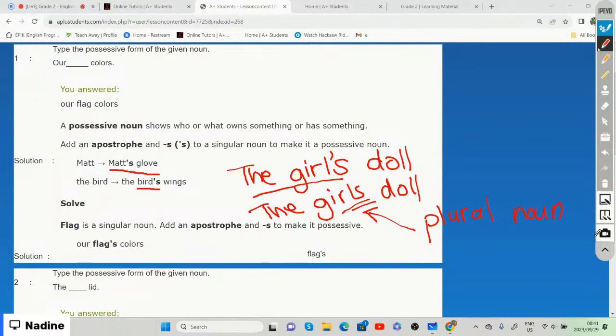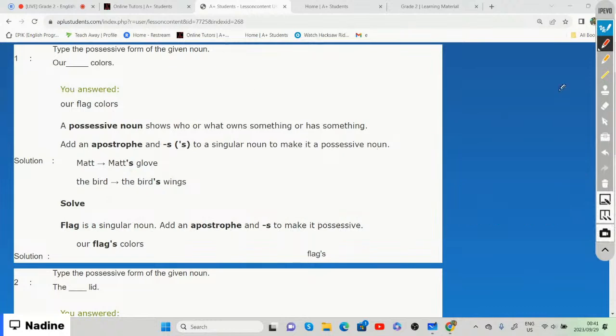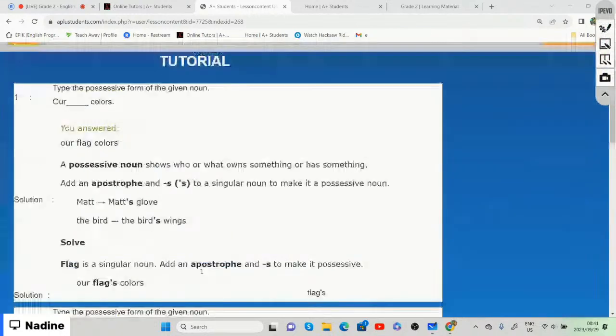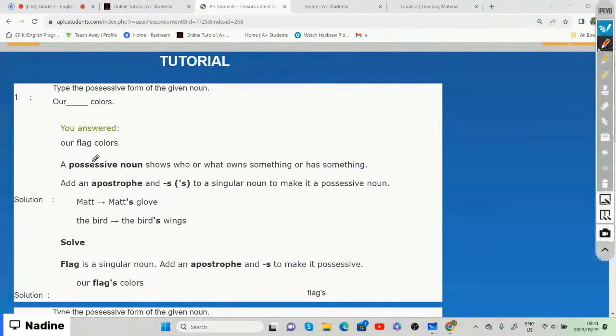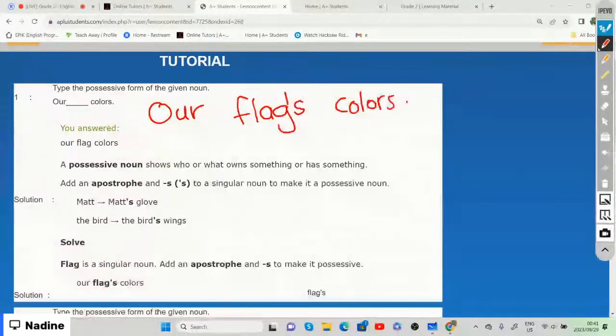So now if we look at this activity or the sentence, our colors, right? So if it is the colors of the flag, right? So if it's the colors of your flag, then we need to type the possessive noun. Then we will say our flag's colors, right?